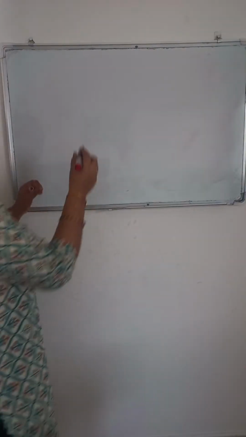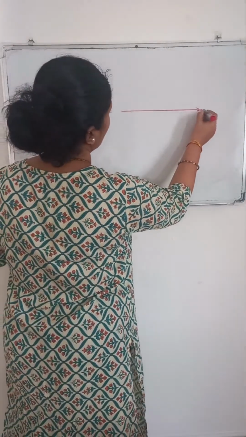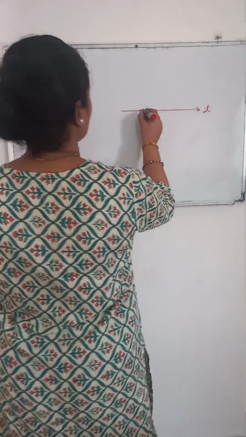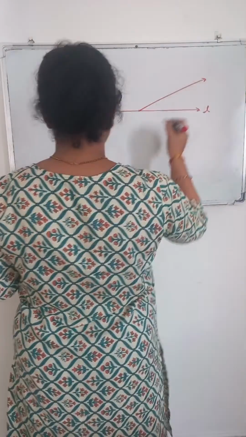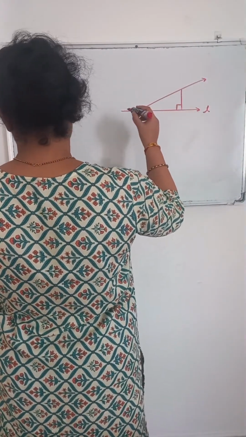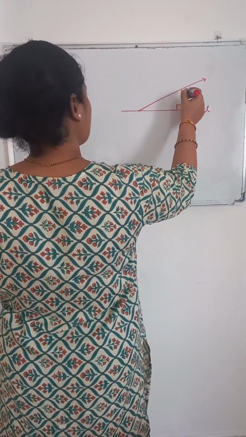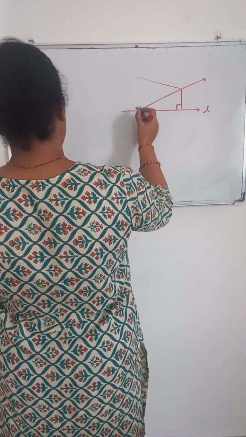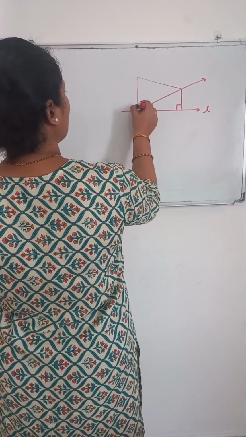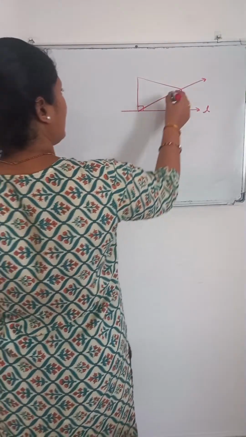So I will draw the figure here. This is L. This is the line and here it is perpendicular, and here it also makes an angle of 90.